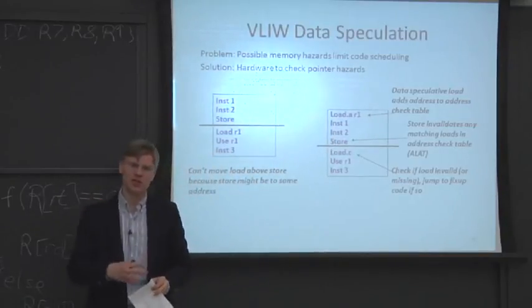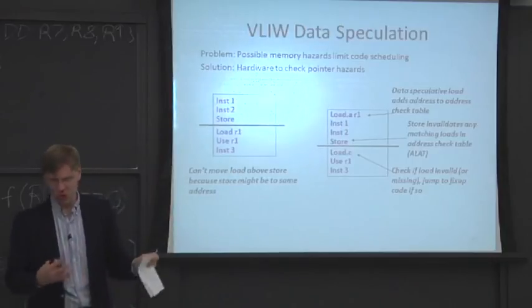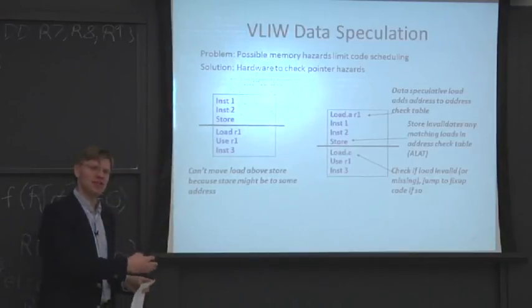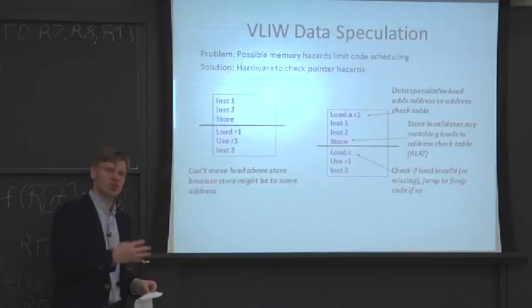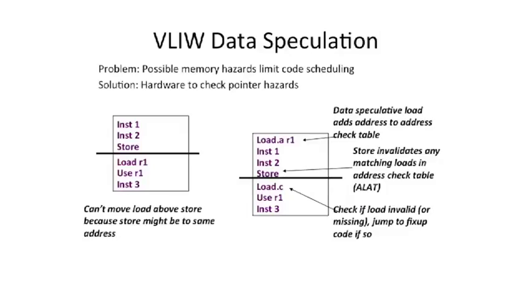It's going to check in the ALAT, or the Advanced Load Address Table, to see if the address the store is happening to is already there. And if it is, it's going to change the table somehow. We'll talk about exactly what happens in a second. But roughly, it's going to take this address out of the table.